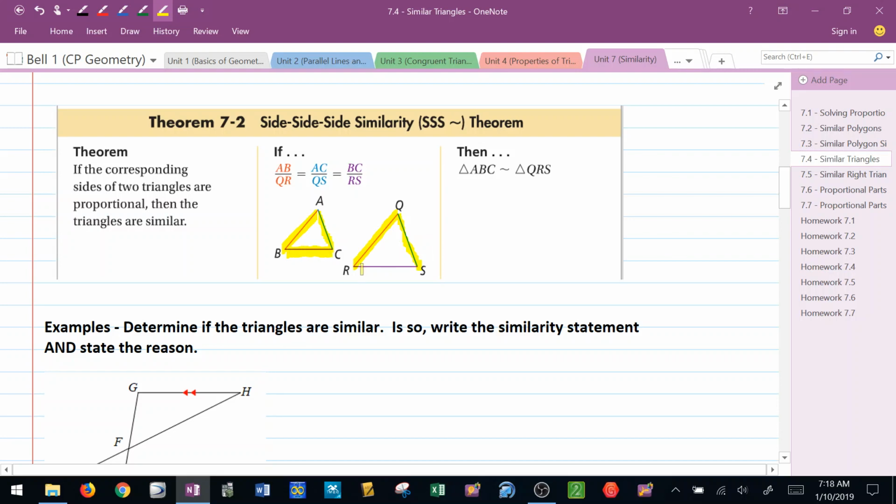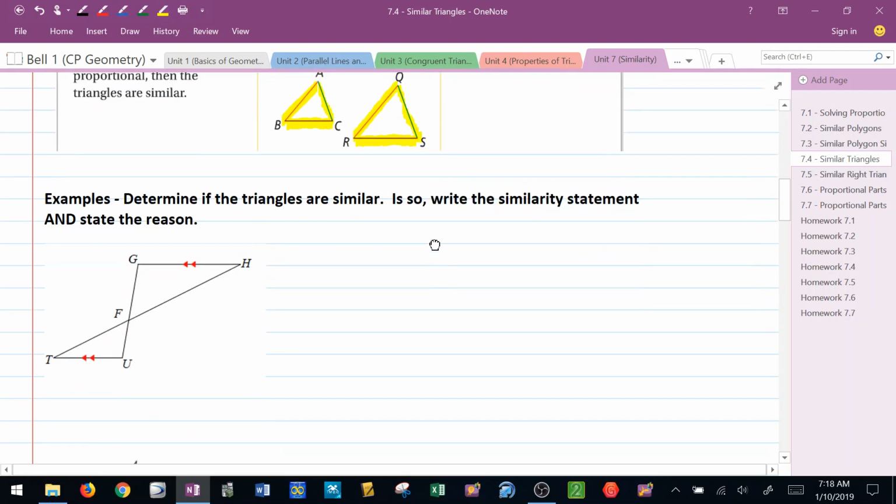If we have three proportions of sides that are true, then we can say that the triangles are similar. Remember, what it means for proportionality to occur is we have ratios that can be simplified and they are all equal. And if that doesn't make sense, remember we can always use the cross product property, also known as cross multiplication.